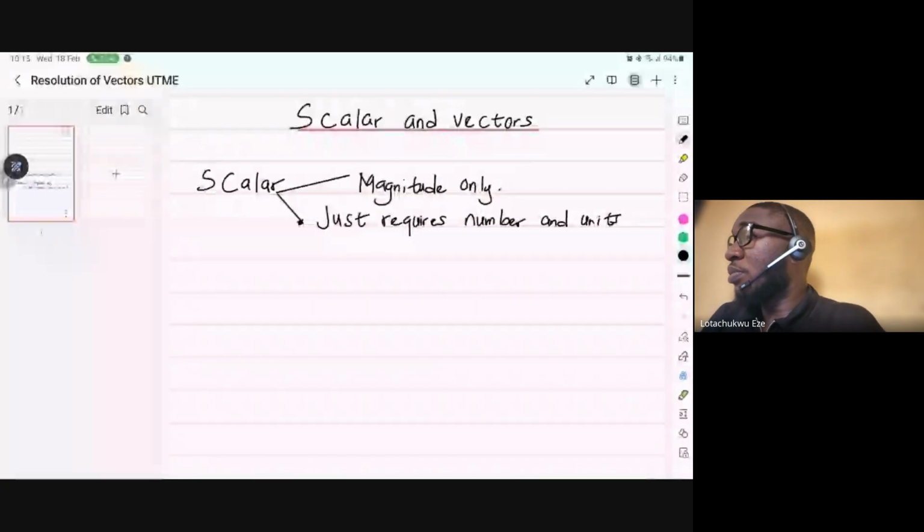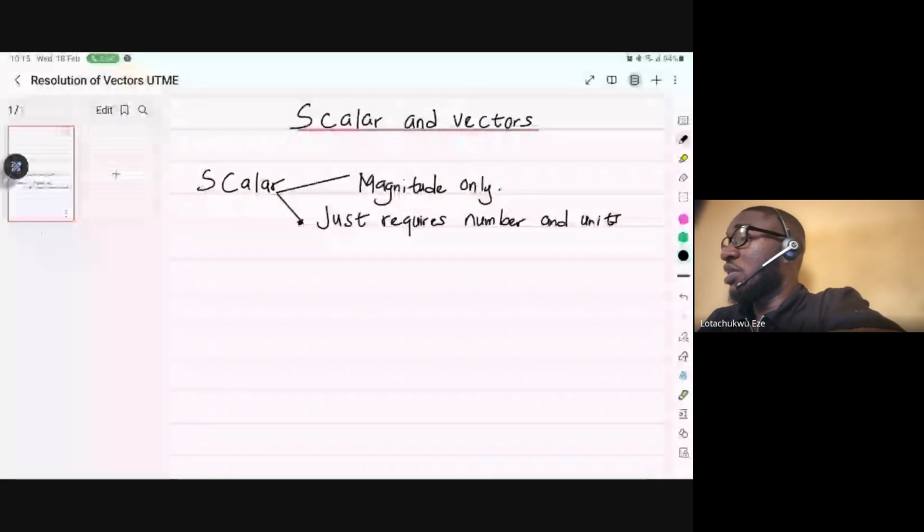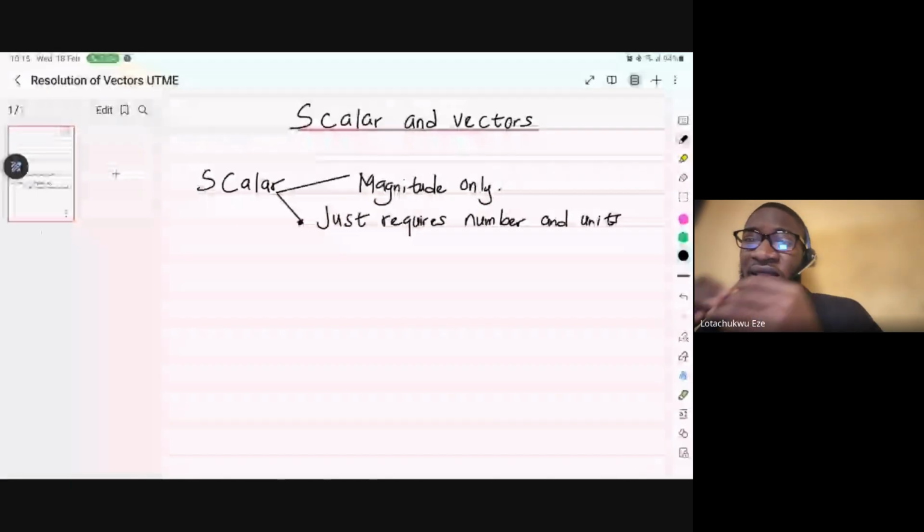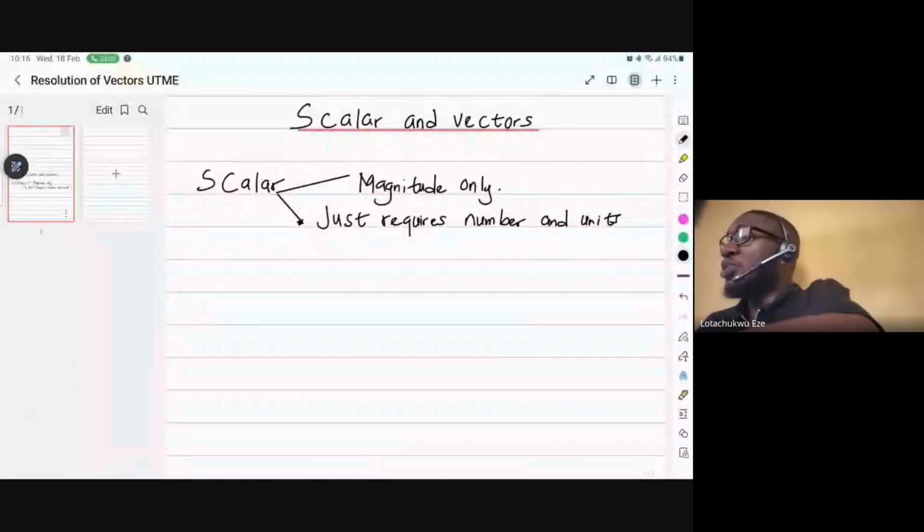Are you there? Number and units to be what? To be fully described. So these are the two key things you need. You can say 20 meter per second without you giving any direction, right? A lot of scalar quantities, energy, work, speed, pressure, all of those things are scalar quantities. They just need you to talk about the units and talk about the number.